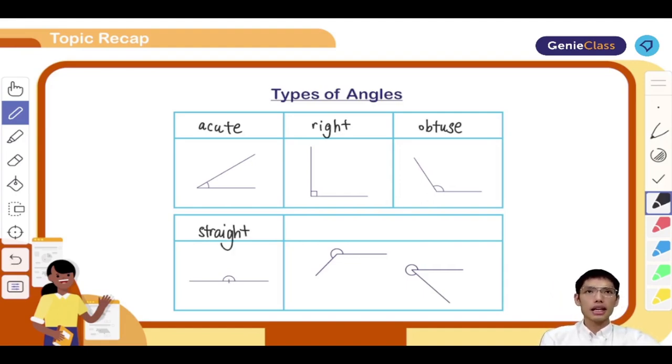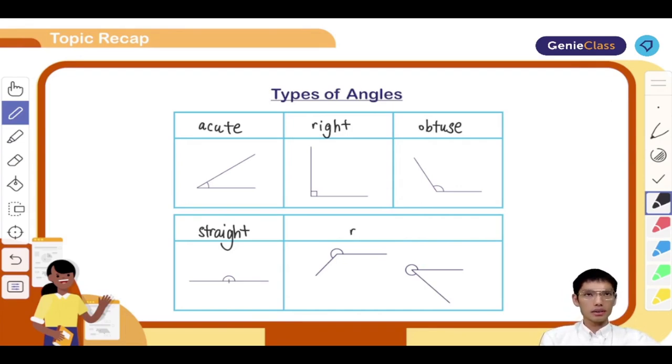Lastly, I have an angle that's more than 180 but less than 360. What is the name of that angle? It starts with an R. I'm playing like Wheel of Fortune here. No worries, anybody else want to try?